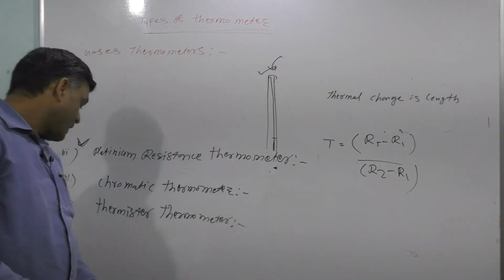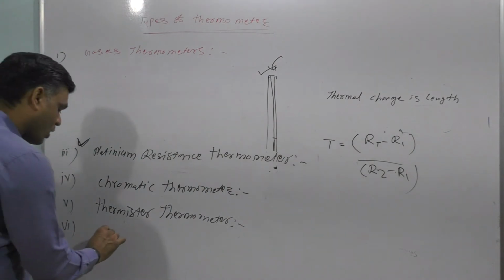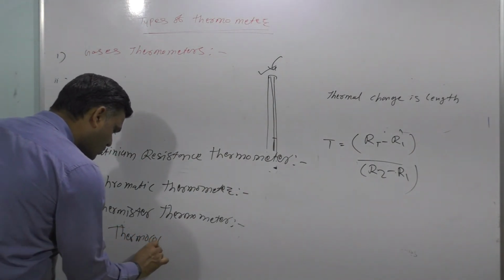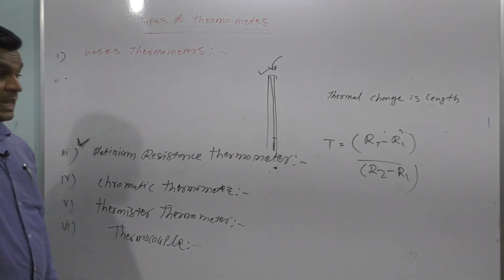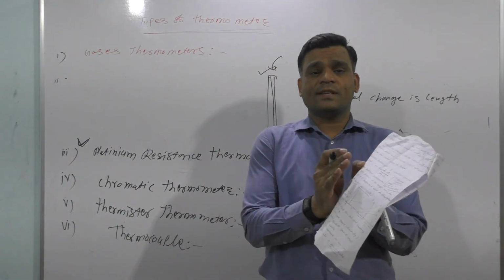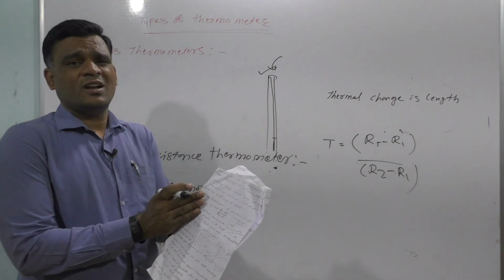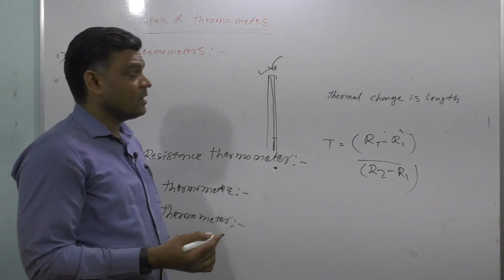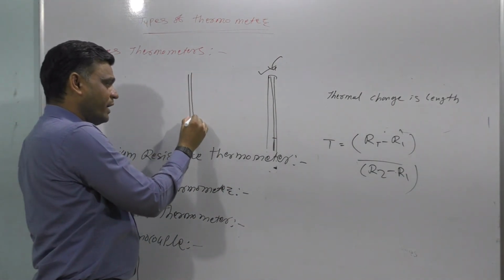Okay, and another type here is the thermocouple. Thermocouple means two different substances are merged with each other. It may be the alloy or a pure material of any metal, like suppose the copper and some aluminum, joined.